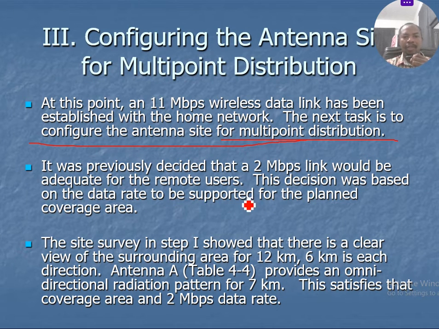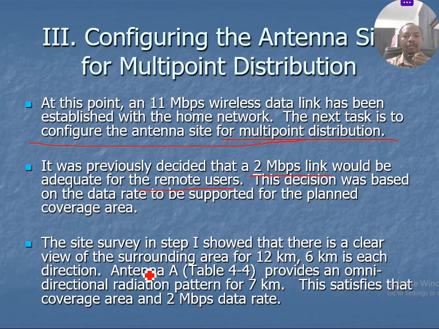Now it was previously decided that a 2 megabit per second link would be adequate for the remote users. So for remote users, 2 megabit per second is enough for the downlink. This decision was based on the data rate to be supported for the planned coverage area.